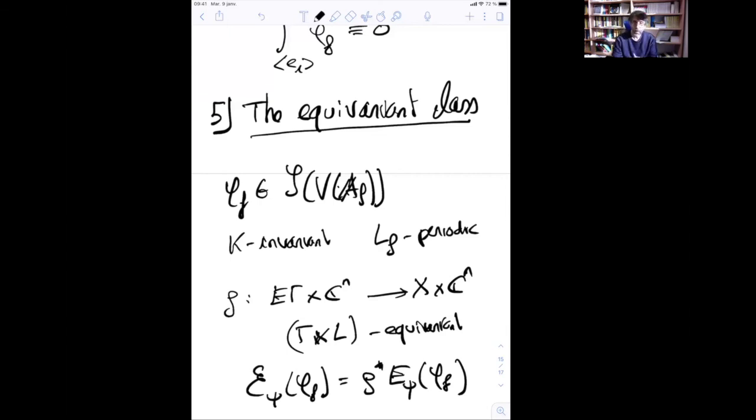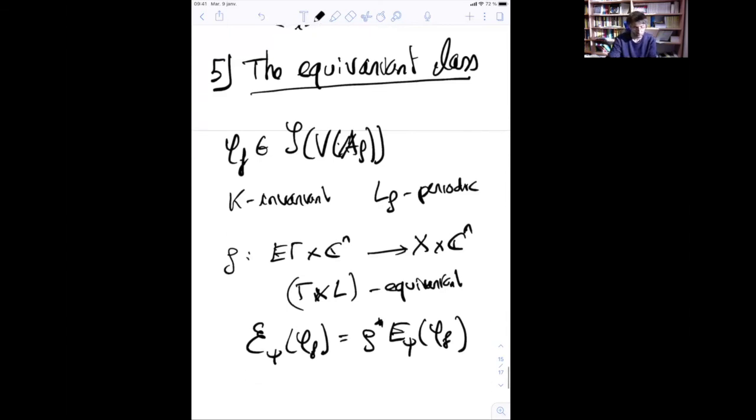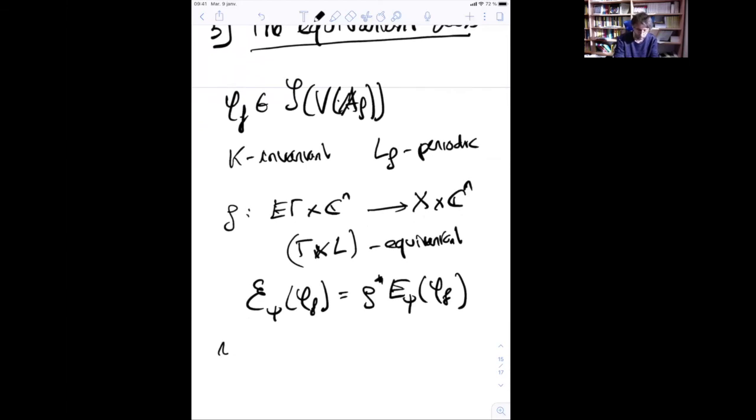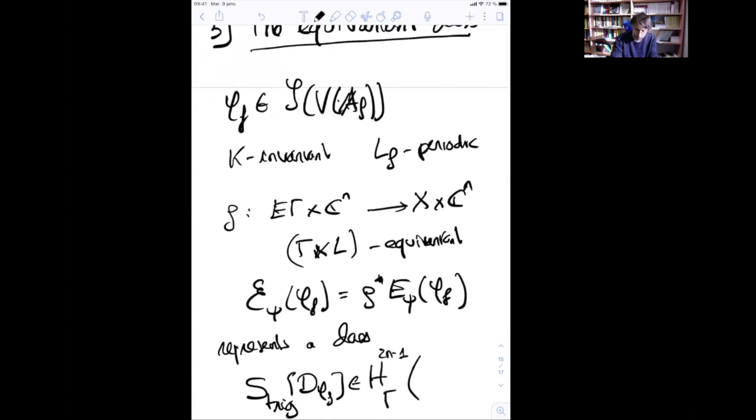This gives you an equivariant form that represents a class which we have denoted so far this, and now it's associated to the divisor associated to phi_f, and it's a gamma equivariant class of degree 2n-1 in this quotient.